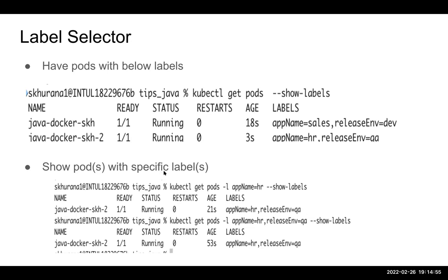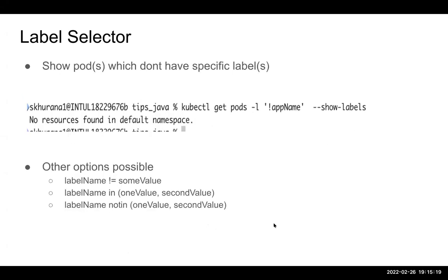Then I want to see the pods with certain labels. I can say kubectl get pod -l, app name equal to HR, I can specify. So it will not show me the sales result, it will show me HR only. Then I can specify both app name equal to HR and release environment equal to QA, and again it will show me the result. The idea is to show you that you can have multiple labels while selecting pods.